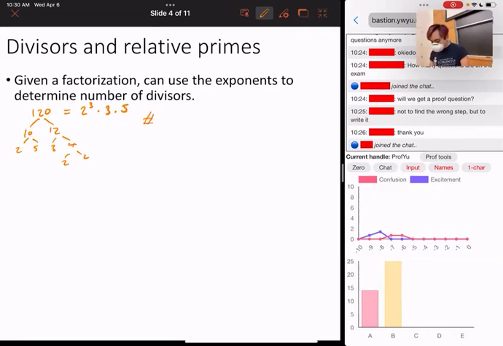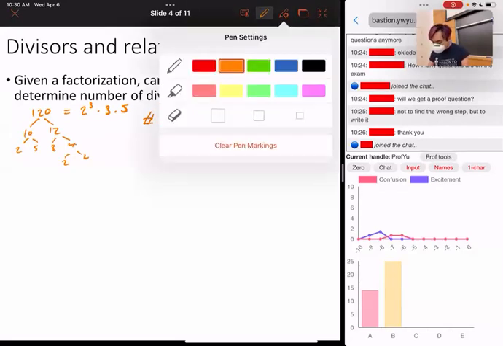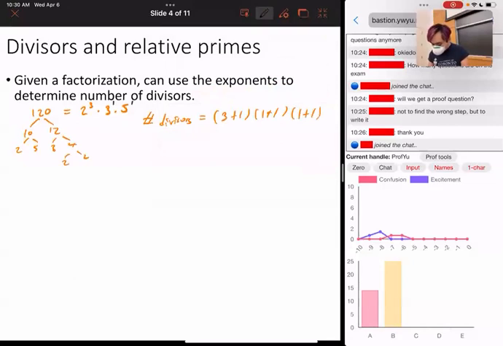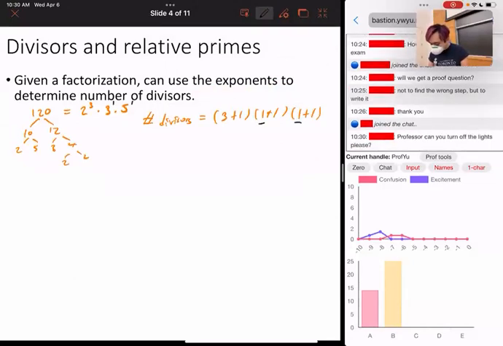So the number of divisors is going to be equal to 3 plus 1 times 1 plus 1 times 1 plus 1, because each of these is to the first power. You multiply these together, and that gives you 4 times 2 times 2, which is equal to 16.